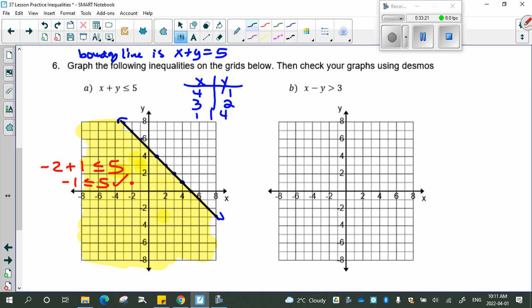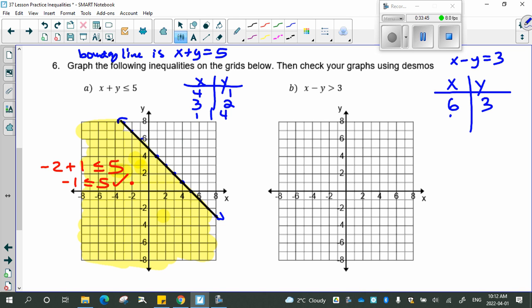All right, how about x minus y is greater than... Okay, Josh, two numbers that when you subtract them, the answer is 3. X minus what? Yeah, 6 and 3. Someone got another pair of numbers that when you subtract them, you get 3.